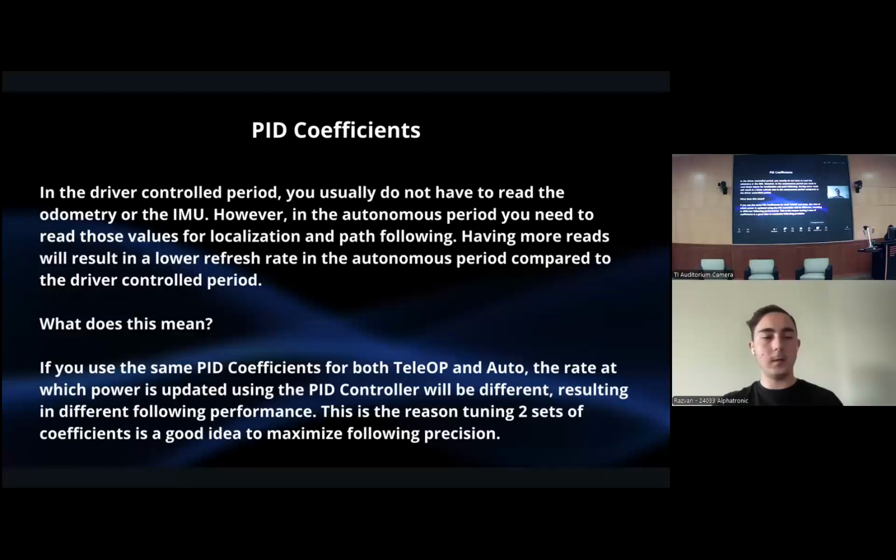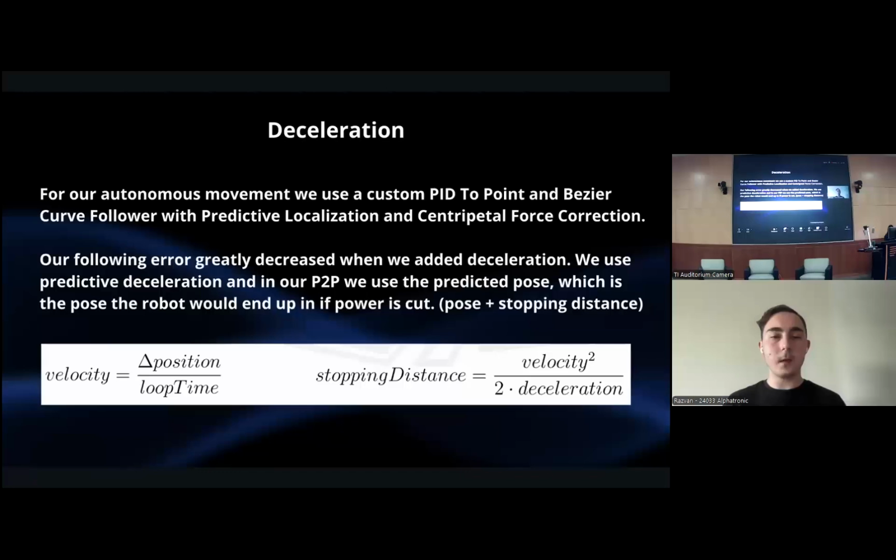So what we also did, but again, it depends on the loop times, because above a certain value it doesn't really matter, you can tune two sets, one for teleop, one for auto, in order to have a consistent performance. And the reason we have lower refresh rates in auto is that we also need to read the odometry and the IMU every loop, and that takes a lot of time.